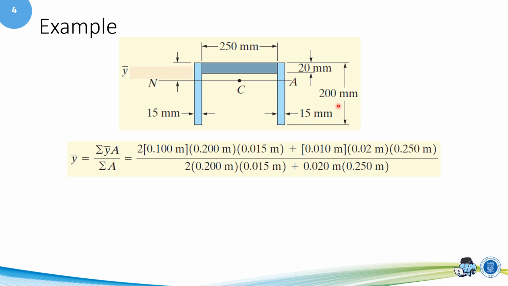And how can we solve it? We can use the previous equation that we already discussed: sigma y bar multiplied by A divided by sigma A. For this first composite part, the area is 250 millimeters times 20 millimeters.